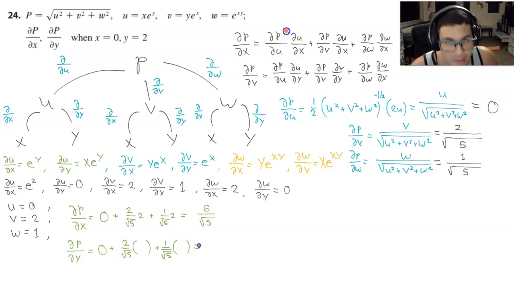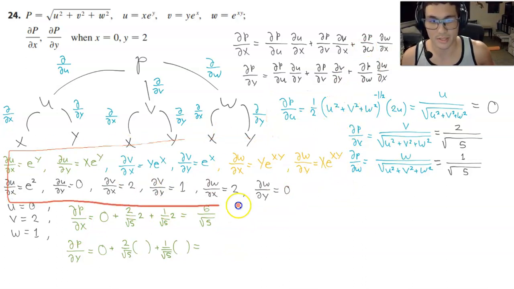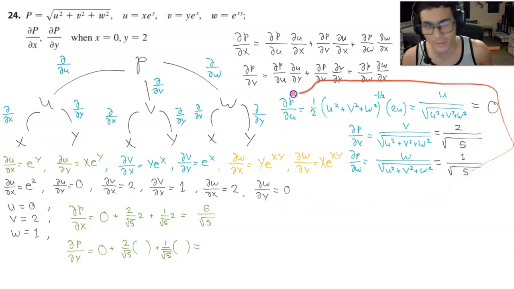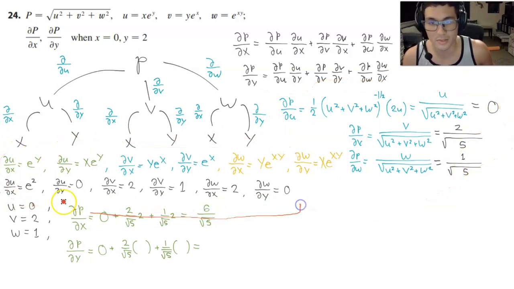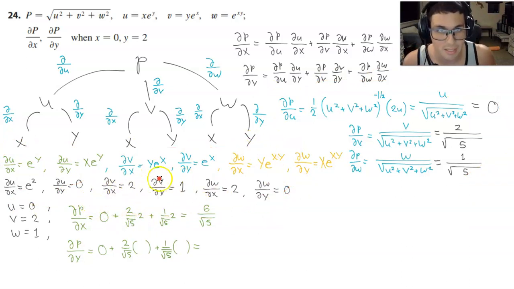All right, because look, there's a dp du here, there's a dp dv here, and there's a dp dw here. So that's why I really urge writing all this stuff out explicitly beforehand. When you do it explicitly, you don't have to keep finding the same derivatives over and over again. And you'll see that a lot of times you'll have zeros, so things will just nicely cancel out.